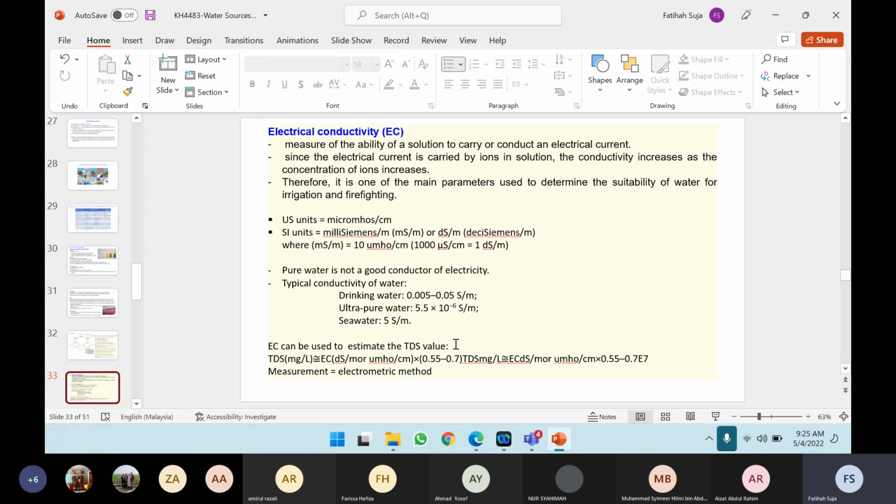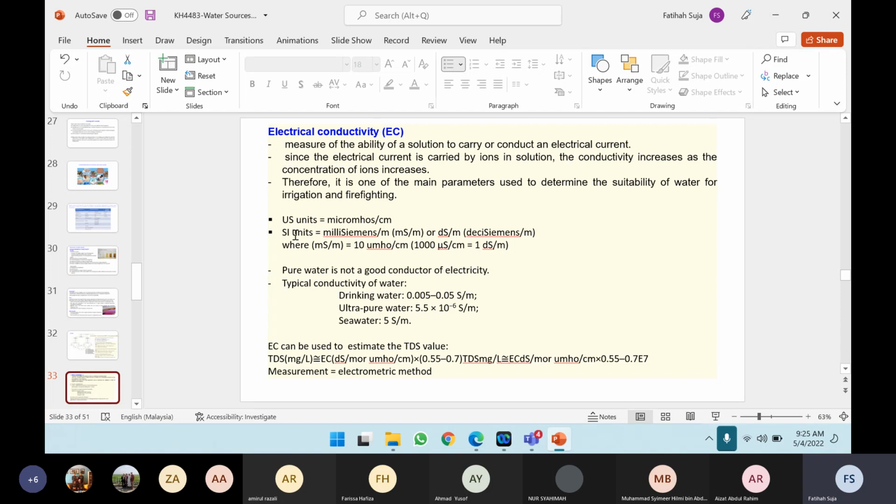Sometimes it is not that accurate, but the major components of total dissolved solids are the ions, these metal ions. So that's why they can conduct electrical current. So it can be an estimate of the TDS value of your wastewater sample.